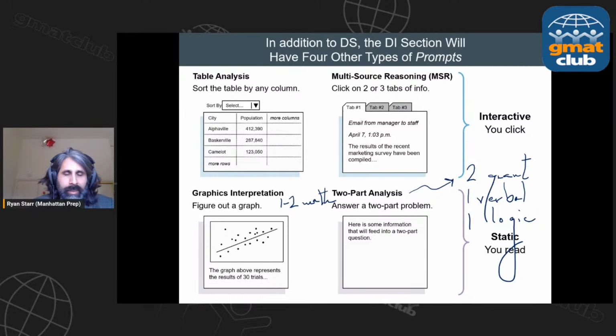The easier looking the graph is, the easier it is to immediately interpret the information on it, the more likely it is you're going to be getting a mathematically challenging question down below. All right. And then you'll have usually 1 logic type question. Could be 0, but nowadays I think it's more likely to be 1. And then 1 kind of weird looking graph.